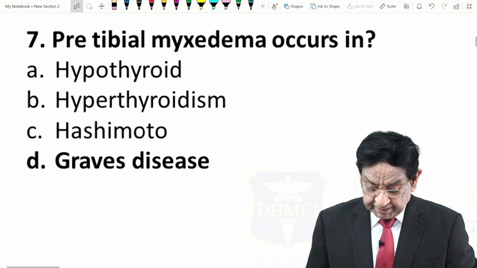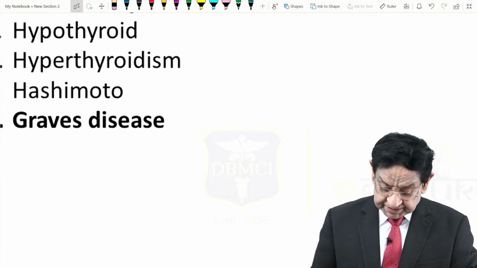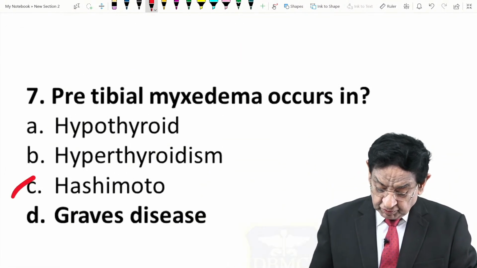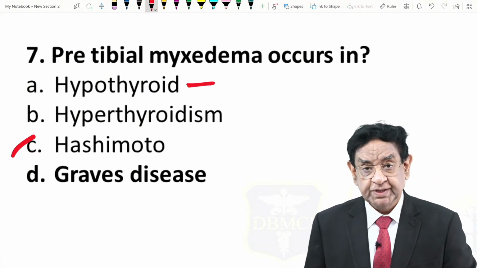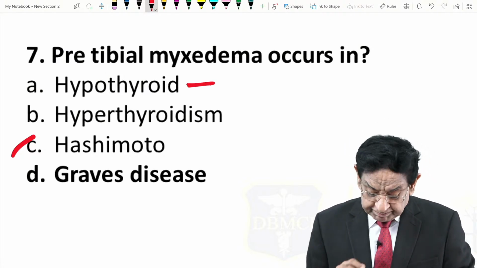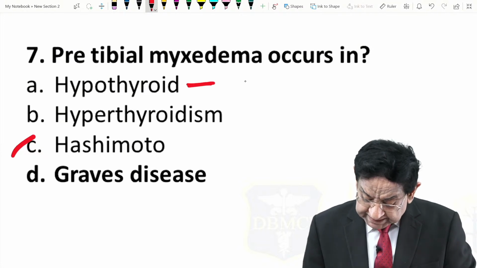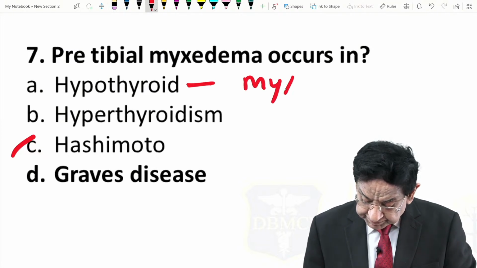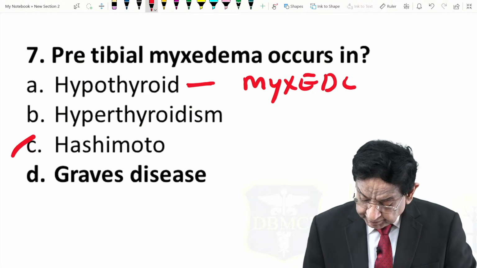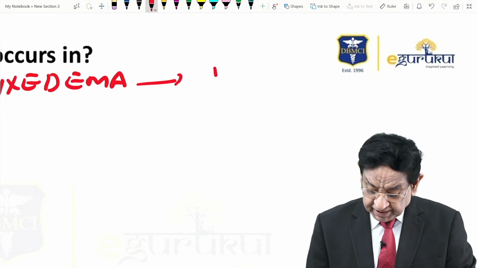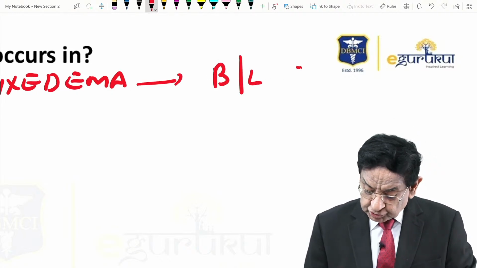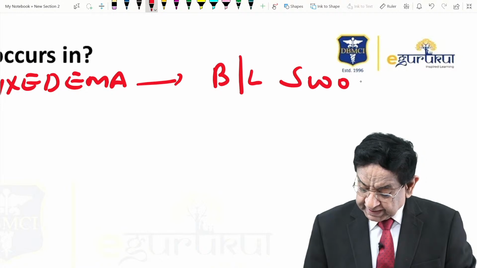Now we talk about pretibial myxedema is seen in Graves disease. Well, this is the most common wrong answer. In hypothyroid, myxedema is seen, which is bilateral swollen legs.